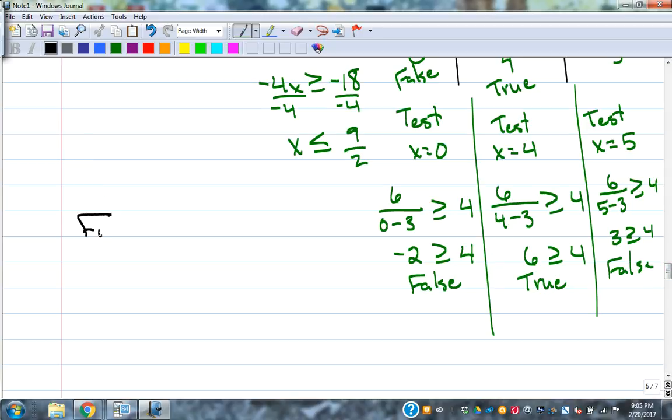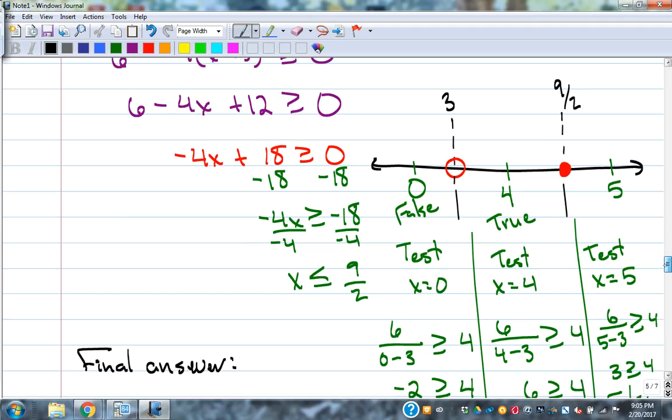Final answer. You look at your intervals here. The true part is the part that's the answer. So the true part starts here at 3 and goes up to 9/2, including 9/2.